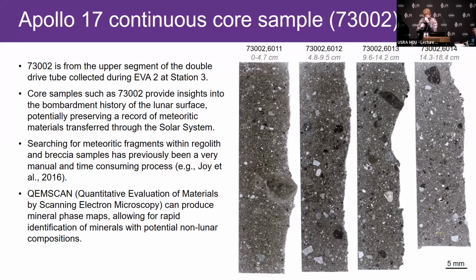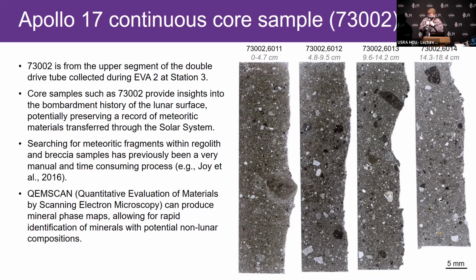So, yeah, I'm going to be presenting some of the work we've been doing at the University of Manchester, looking at the continuous core thin sections from 73002. And we've been looking at using ChemScan to try and find some exogenously derived components that might be within these core samples.